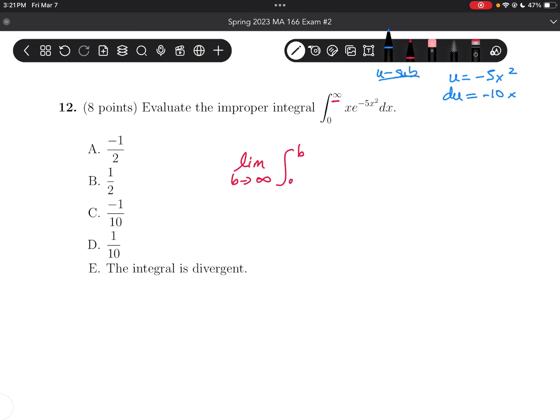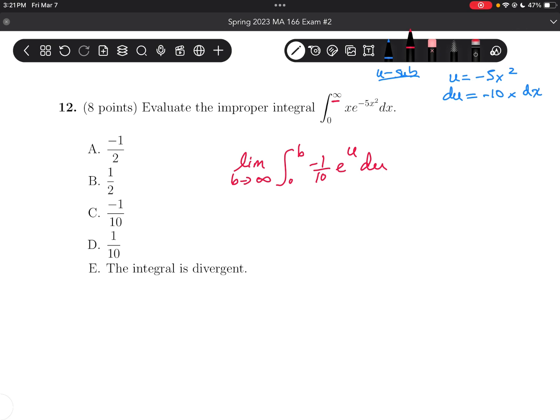So we use substitution, and now du equals negative 10x times dx. So after using substitution, this expression simplifies to negative 1/10 times e to the power of u du.